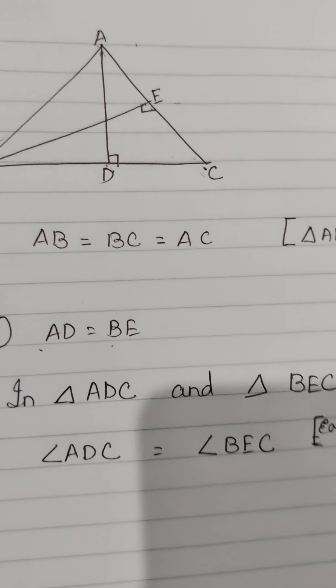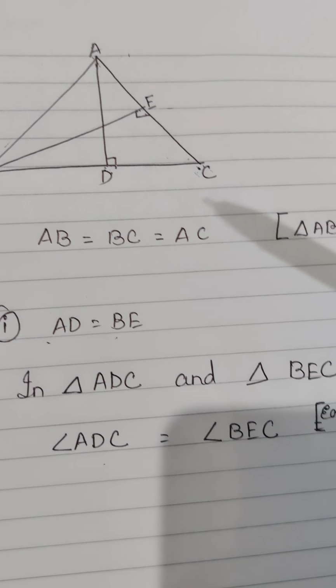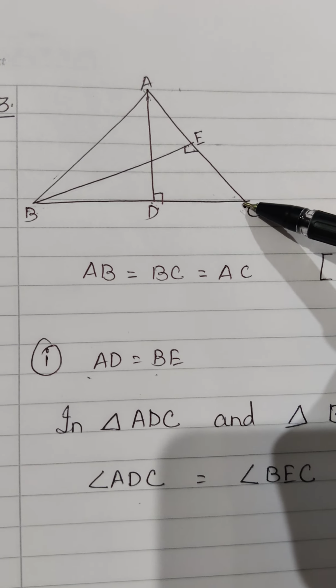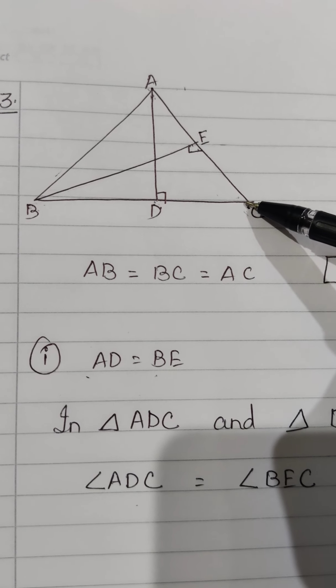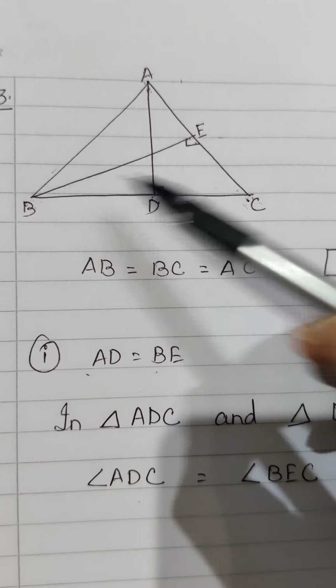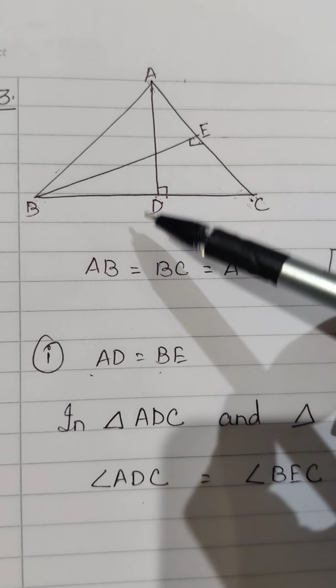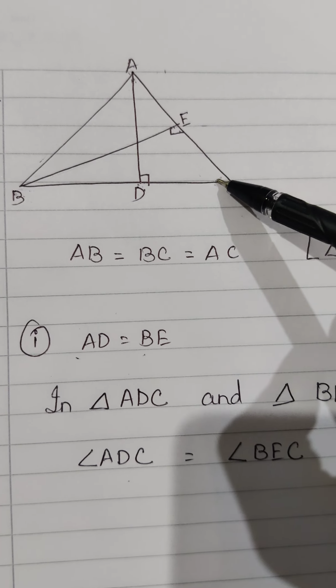Next, if we see, now angle C, if you look here, this is common between both of the triangles. If you talk about triangle BCE, angle C is there. If you talk about triangle ADC, again angle C is there. So that will be common.